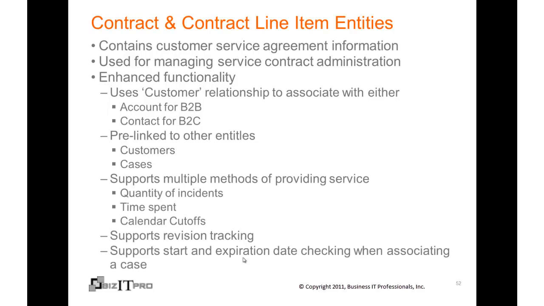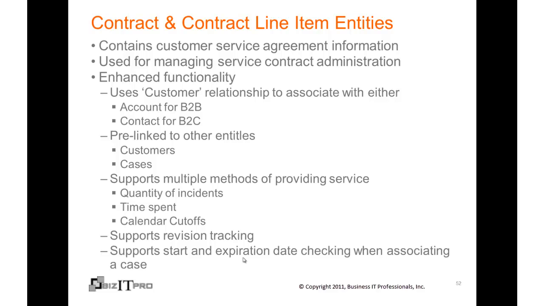The contract and contract line item entities support the case and basically contain customer service agreement information and are used for managing service contracts. The enhanced functionality includes using the customer relationship to be able to tie it to accounts or contacts, and it's pre-linked to other entities, including customers, cases, and so on.